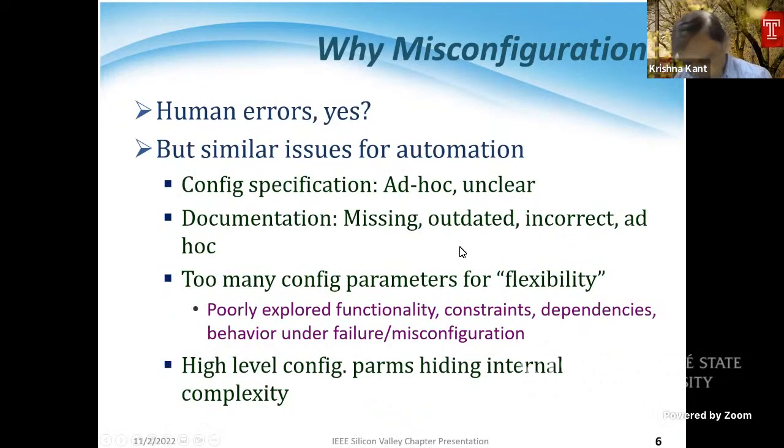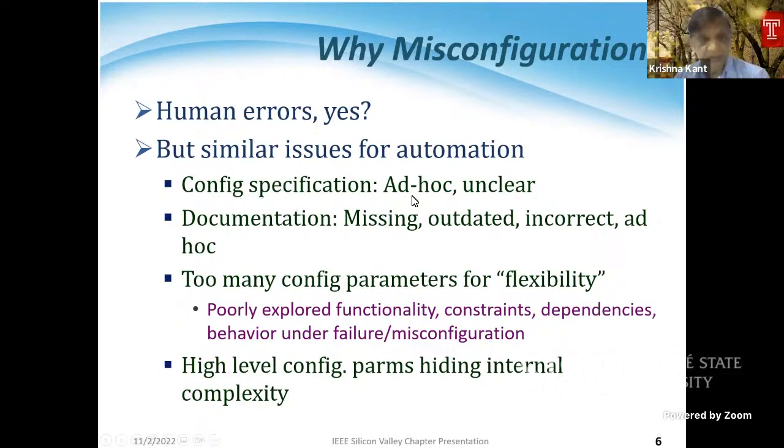Now, why do we have misconfigurations? Of course, the number one answer is that humans are very error prone and they make mistakes. But that's not the whole story, actually. Even if you could automate everything or try to automate everything, there are a lot of issues in terms of trying to make sure that your configurations will be correct.